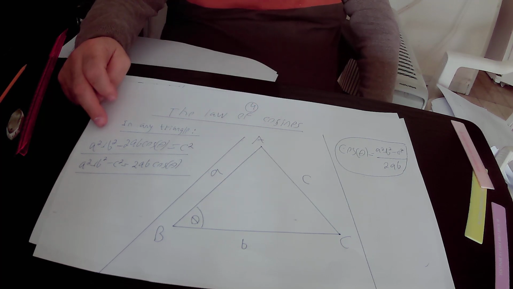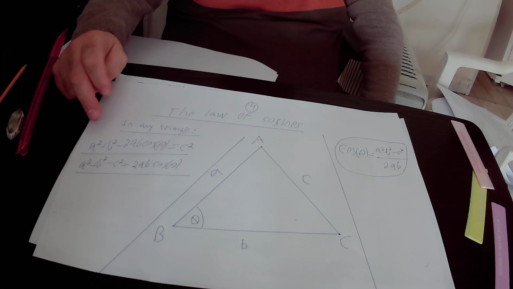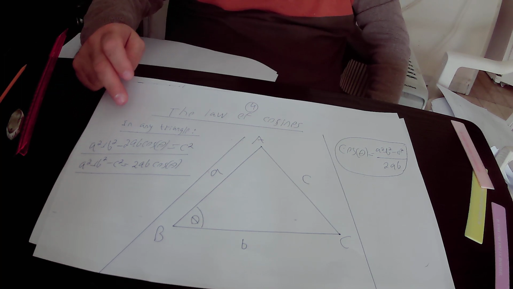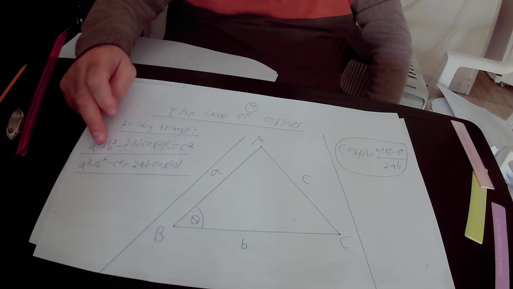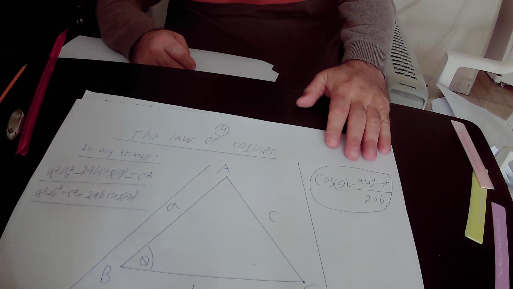We subtracted C squared and added 2AB cosine theta to the equation, and got A squared plus B squared minus C squared equals 2AB cosine theta. We divided by 2AB, and got cosine theta equals A squared plus B squared minus C squared over 2AB.